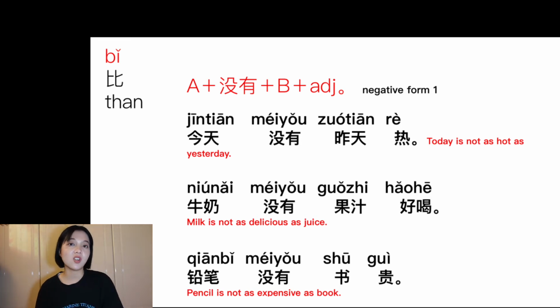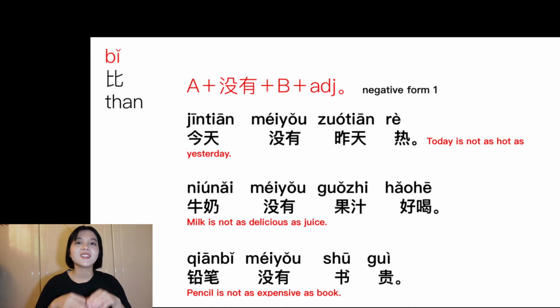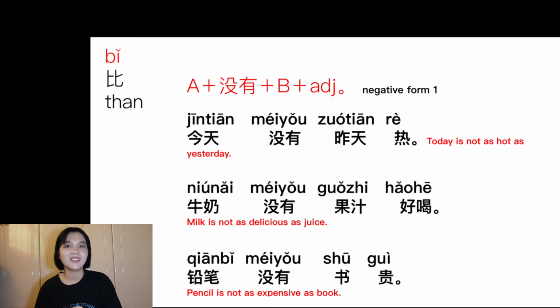The sentence structure goes like subject A, add 没有, then subject B, then add the adjective. For example, 今天没有昨天热. 今天没有昨天热 means today it's not as hot as yesterday, which means yesterday is hotter.